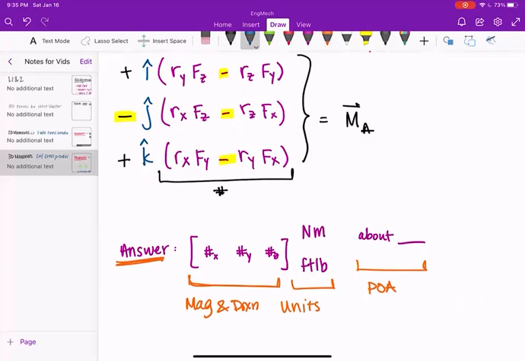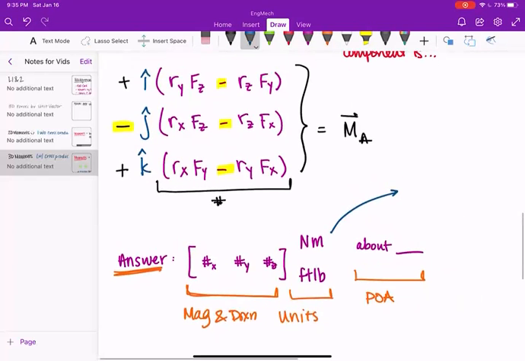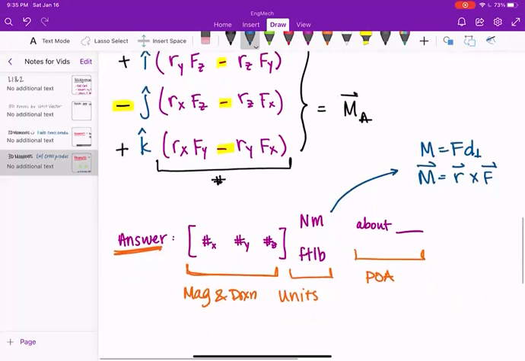One last thing I wanted to bring up is how you can figure out the units without explicitly remembering them. So the moment equations are either force times perpendicular distance or R cross F. Either way, you're relating some force and some distance.